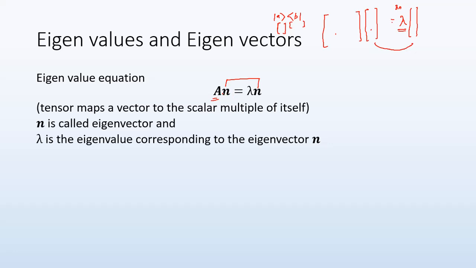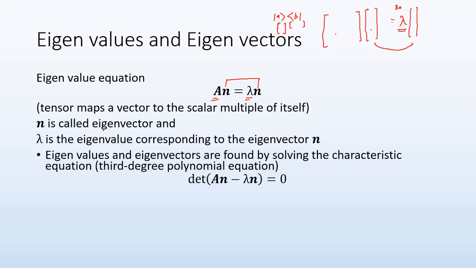Then this vector is known as the eigenvector, and the factor by which it is scaled is called its eigenvalue. Here n is the eigenvector and λ is the eigenvalue for that corresponding eigenvector.